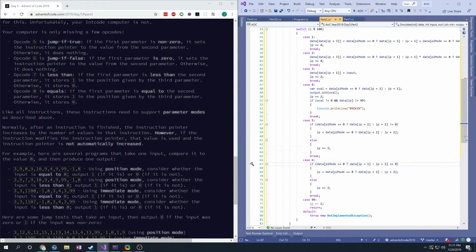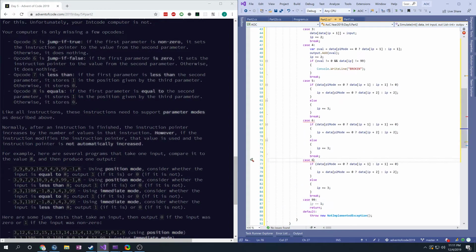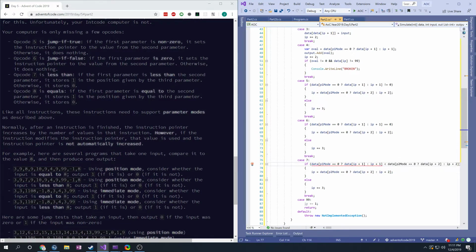So this is an equals 0. Okay, so if we're in 7, the first parameter is less than the second parameter. Less than, not less than or equal to.